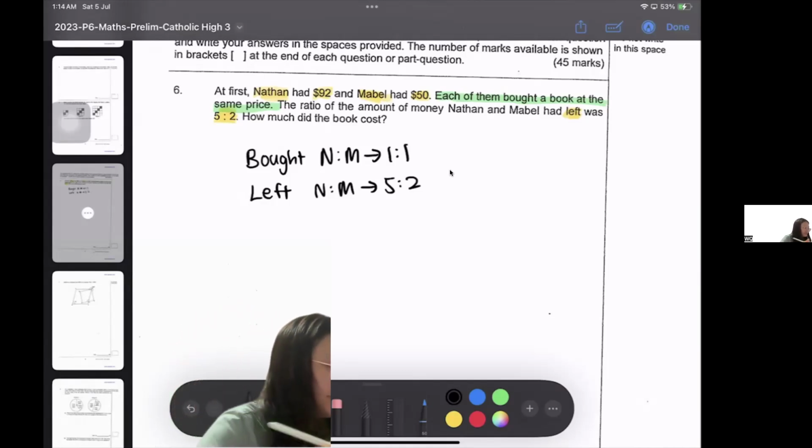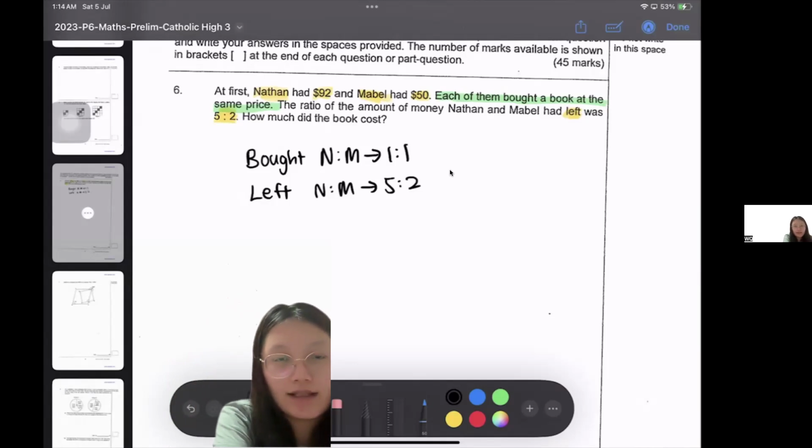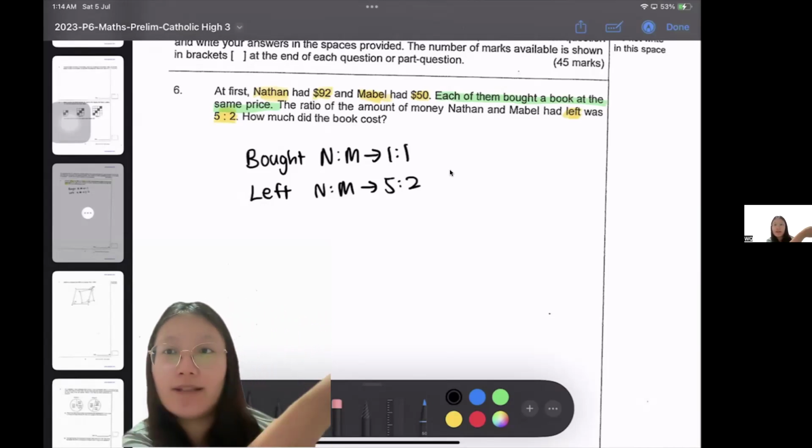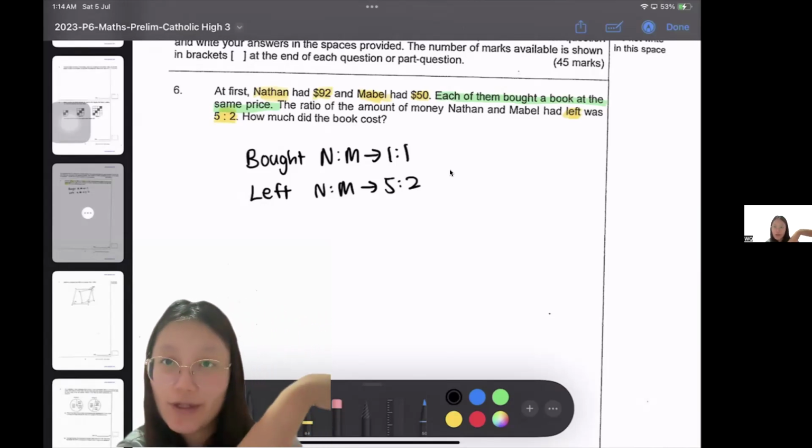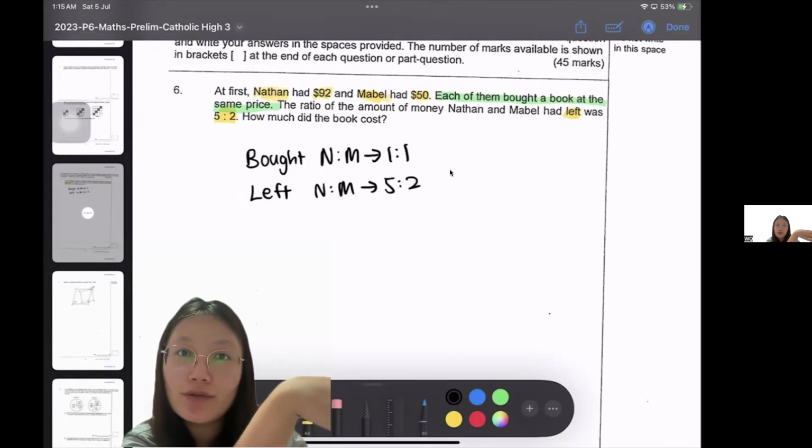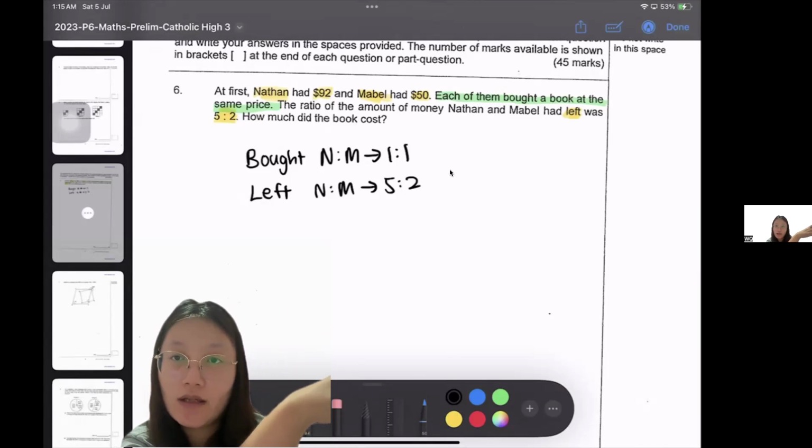So if you look at it, okay, I can see another way to do it without having to do ratio. The other way to do it is just because they bought the same amount of money, right?